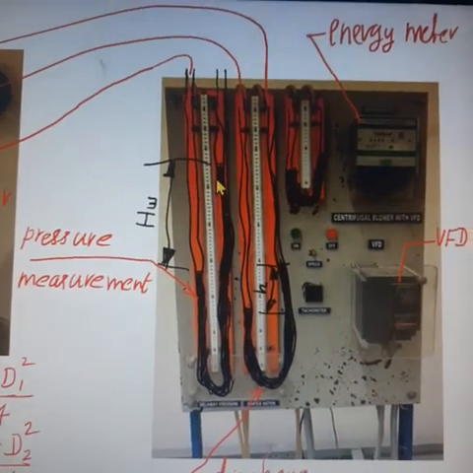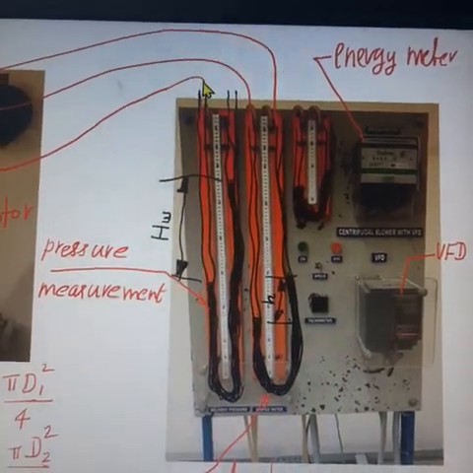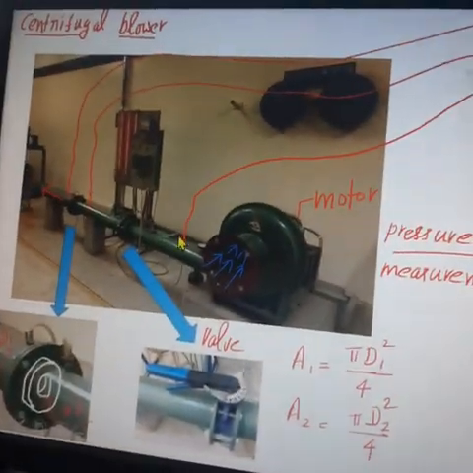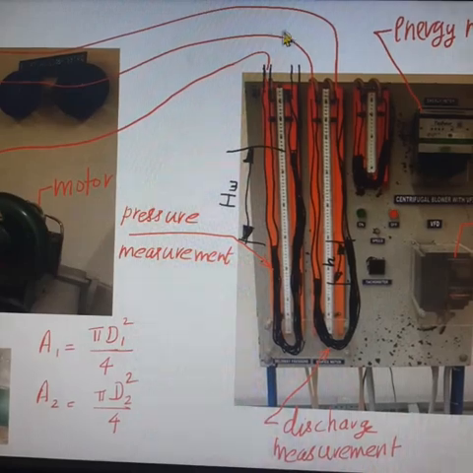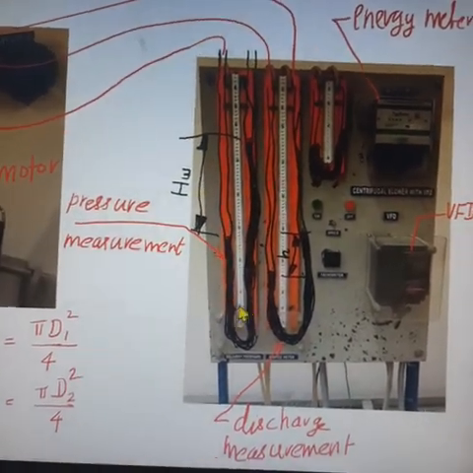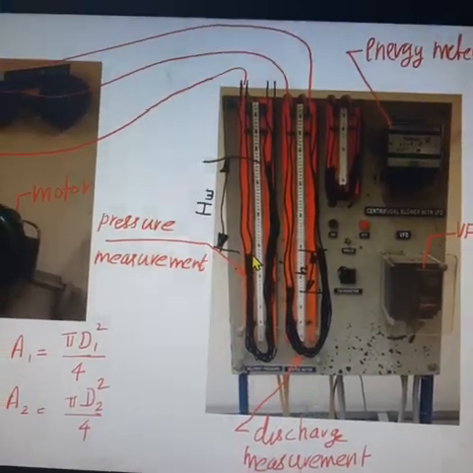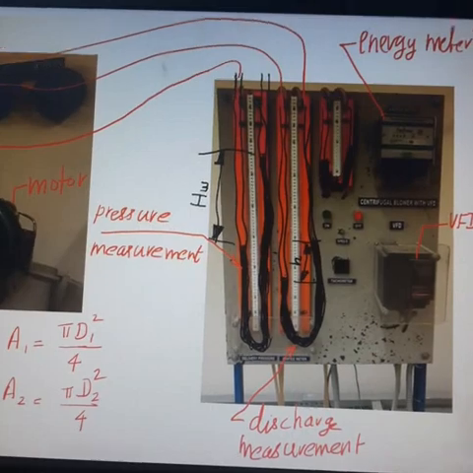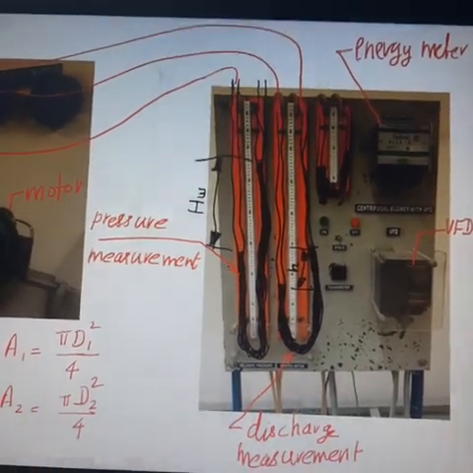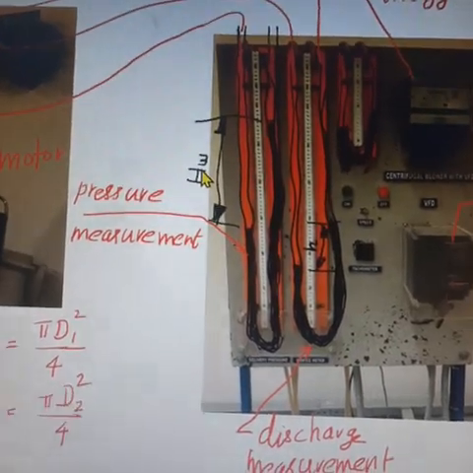One end of this manometer is fitted to the pressure tapping point here. The other end is open to atmosphere. Since water is used as the manometric fluid, the pressure rise across the blower is measured in terms of height of water column, HW.